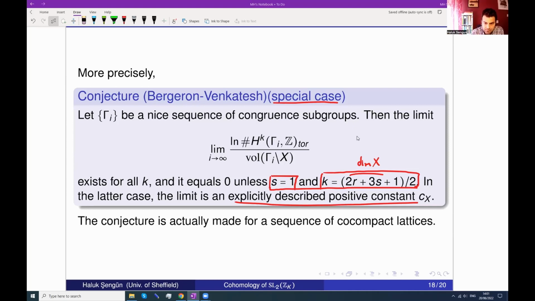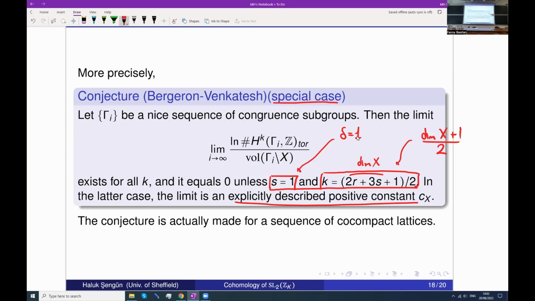Well, I made it for SL2 just because there are these specific numbers here. But in general, you will just say that if the deficit is 1 fundamental rank, and this is the dimension of the symmetric space plus 1/2, and you make these replacements, that's the full conjecture for a semisimple real Lie group and a nice sequence of congruence subgroups. That will be the general conjecture.